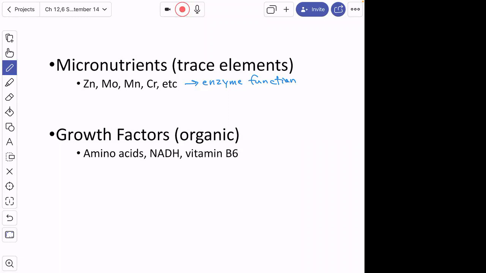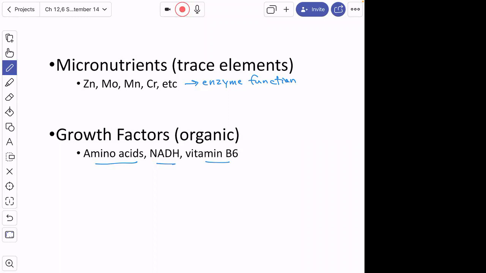And then most cells need at least a little bit of organic things that we call growth factors. They may need some amino acids. A lot of bacteria can manufacture at least some of their own amino acids, but they may need to get some of them in their medium. NADH, vitamin B6, again, just a few examples of organic things that they may need.